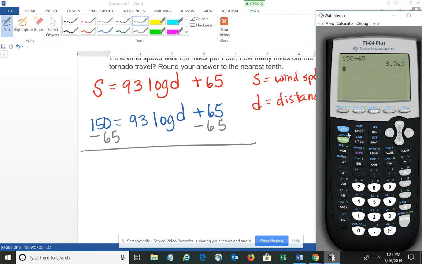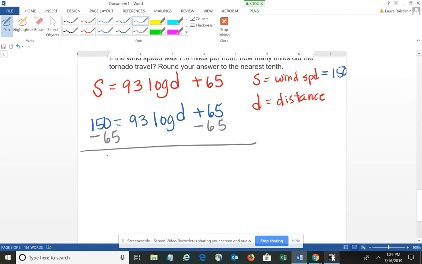Let me put it back in normal mode. 150 minus 65 equals 85. So we have 85 equals 93 times the log of D.